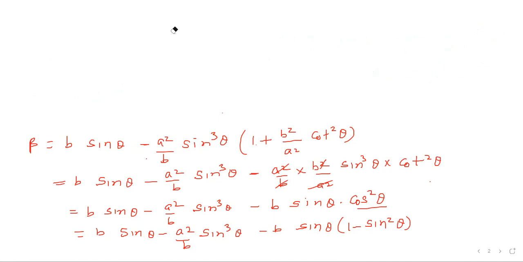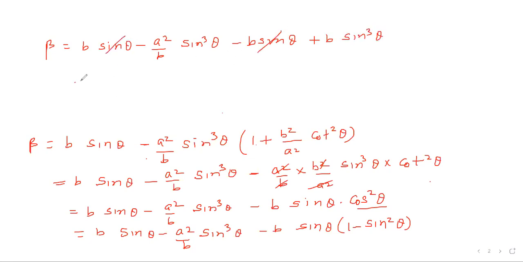So we will get beta equals b sine theta minus a square upon b sine cube theta minus b sine theta, and then plus b sine cube theta. These two terms will cancel out, and sine cube theta can be taken outside.